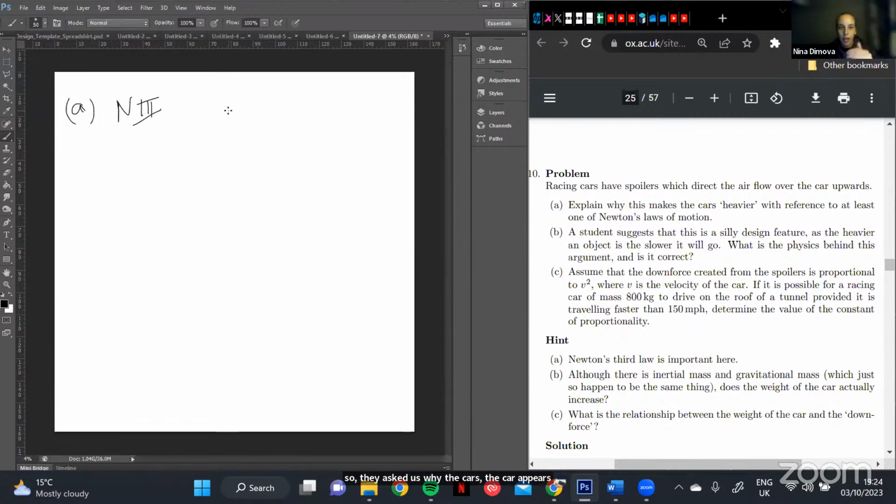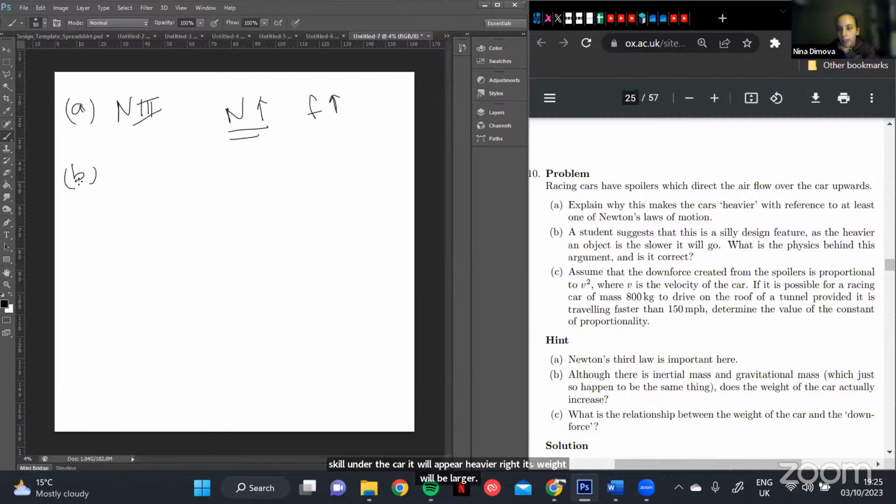When the car is pushed down, this means that the normal reaction is bigger, and then the friction that the car experiences is also bigger. And because the normal reaction is bigger, if you put a big scale under the car, it will appear heavier. Its weight will be larger.